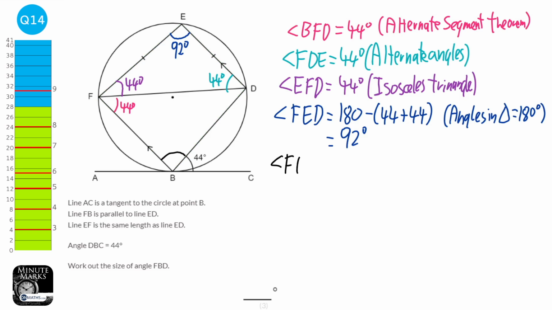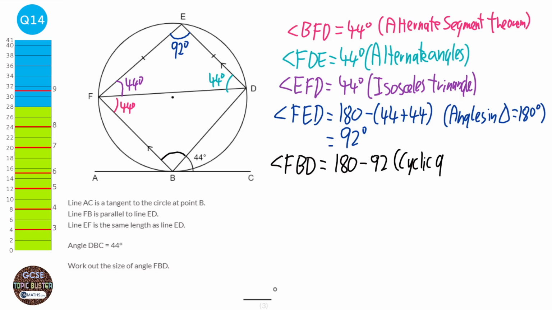Angle FBD is going to equal 180 take away 92. And again, we have to show the reason of the fact it's a cyclic quadrilateral. And so 180 take away 92 is going to be 88 degrees. So our answer will be 88 degrees.